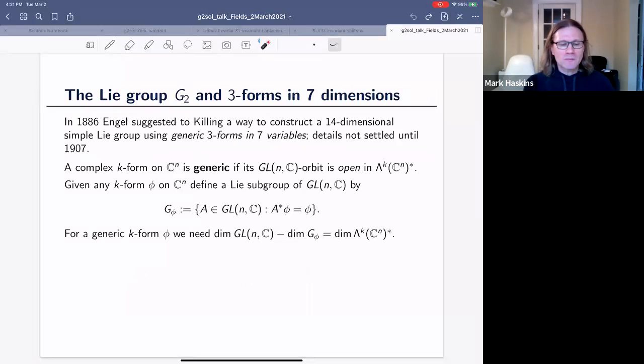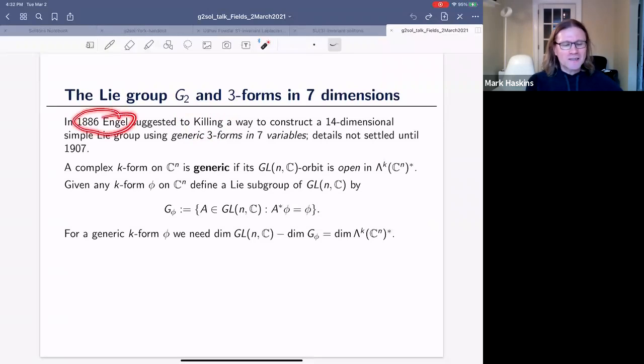We want to say a little bit about G2 and what it's got to do with three forms in 7 dimensions. All the way back, prior to the classification of complex simple Lie groups or Lie algebras, when Killing was trying to classify them, originally he thought there were only the classical Lie algebras.